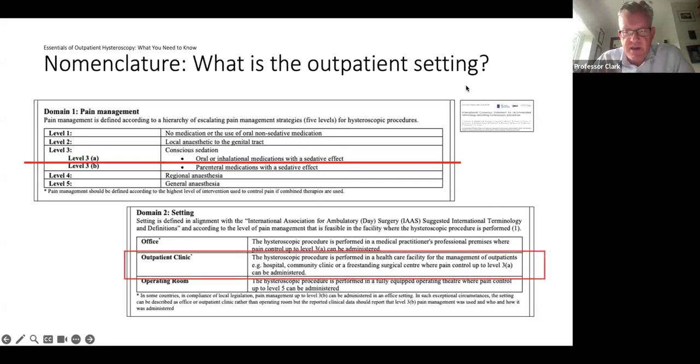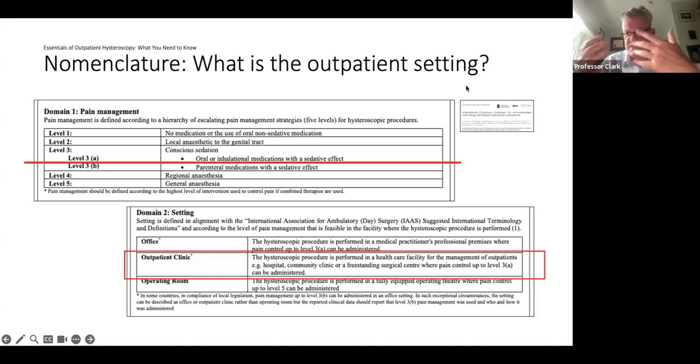To distinguish between outpatient and office, in the UK and much of Europe, we tend to refer to outpatient procedures. The term office is more US centric, or it is used in some centres in Europe, but really they are the same settings in the sense that you can provide pain control up to level 3A. We distinguished outpatient from office by the fact that office is essentially someone's professional premises, a private setup within your consulting suites, whereas an outpatient procedure is generally performed in a healthcare facility of some sort.